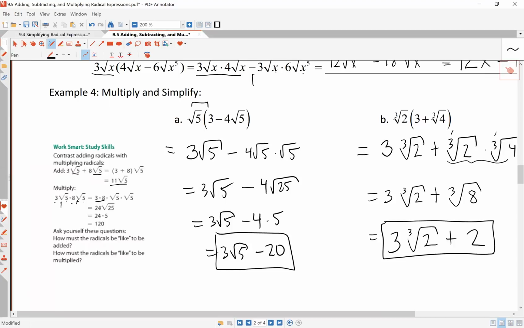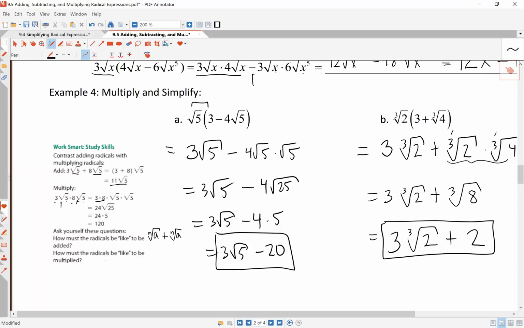So ask yourself these questions. How must the radicals be like to be added? You need the same index and same radicand.